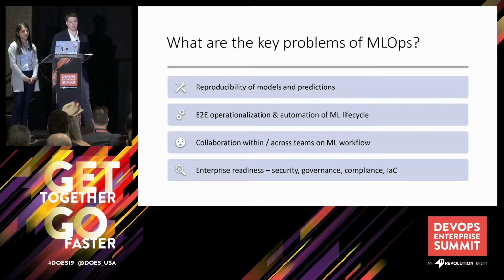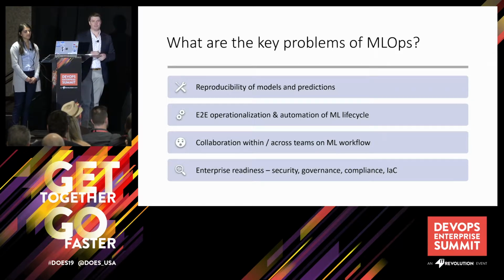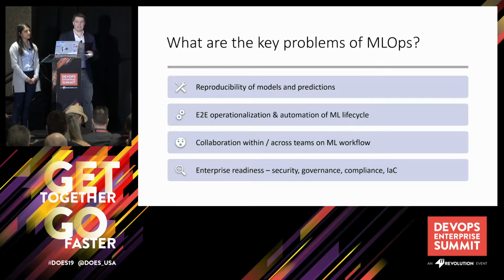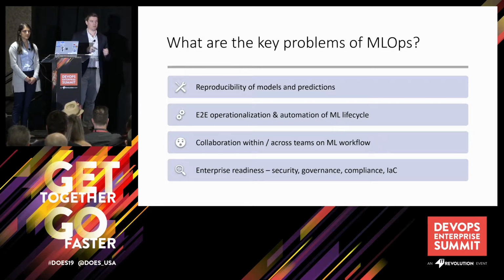Then when it comes to enterprise readiness, I mentioned briefly highly regulated industries, areas around how do you do governance when dealing with data and machine learning, especially when you're talking about deep learning and models that are really hard to understand because they're so convoluted and deep that even people with PhDs don't know what they're doing.